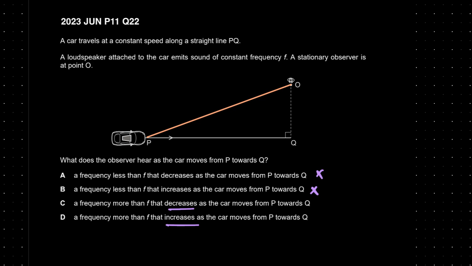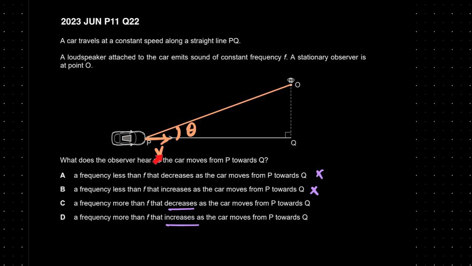So this is how the car is moving right now with some velocity v like this, and this angle being theta, right? If I think about the relative movement as it's moving towards O, there is this component.